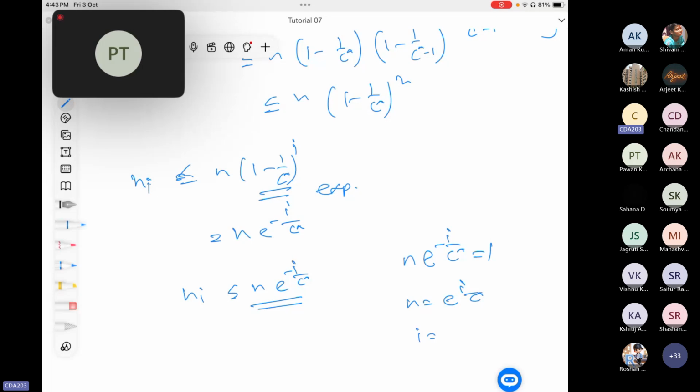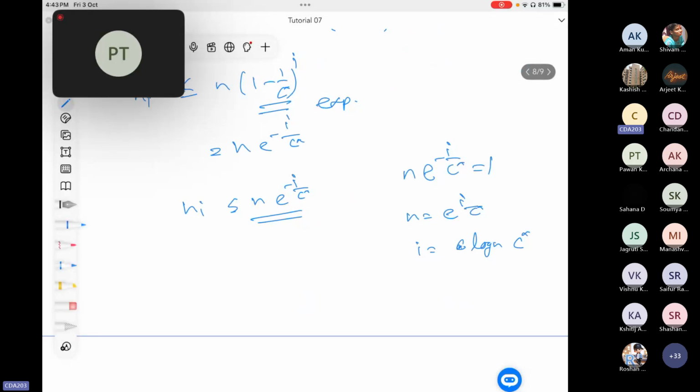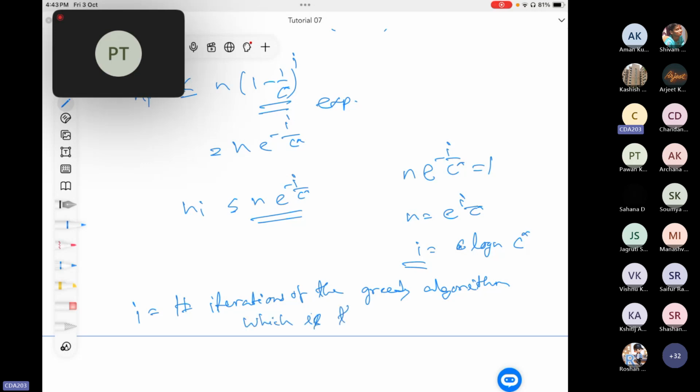So i equals c star log n, or log n times c star, whatever. This i is actually the number of iterations of the greedy algorithm, which is basically the size of the cover.